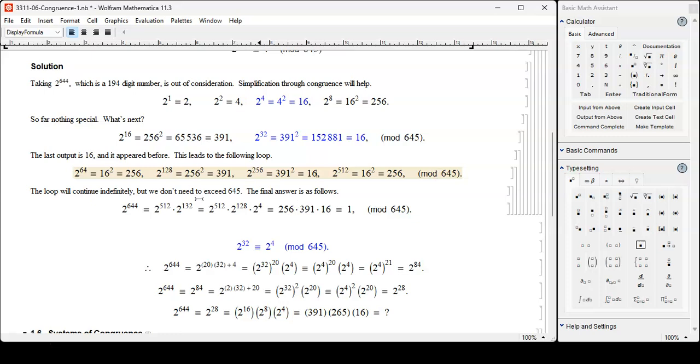So we can bring those down to 512 power, 128, 4th power. You got that. Well, either way it works, but I like the second method a little bit better with the division algorithm. In the end, you cannot get away from this computation, and that turns out to be congruent to 1.